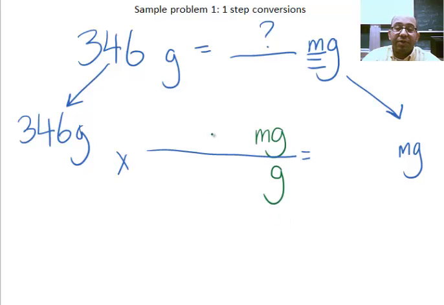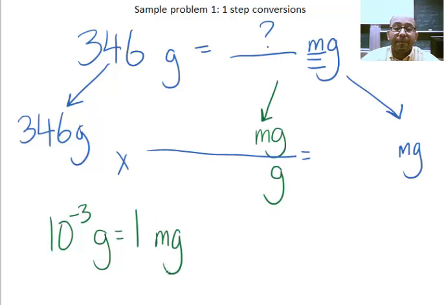Now I need to figure out, well, what's the relationship between gram and milligram? And that's where that sheet comes in with all the prefixes. If you look up the prefix milli, you'll notice it says 10 to the negative 3. So what that means is that 10 to the negative 3 grams equals 1 milligram. Notice that the number on the sheet always goes next to the unit that does not have the prefix next to it.